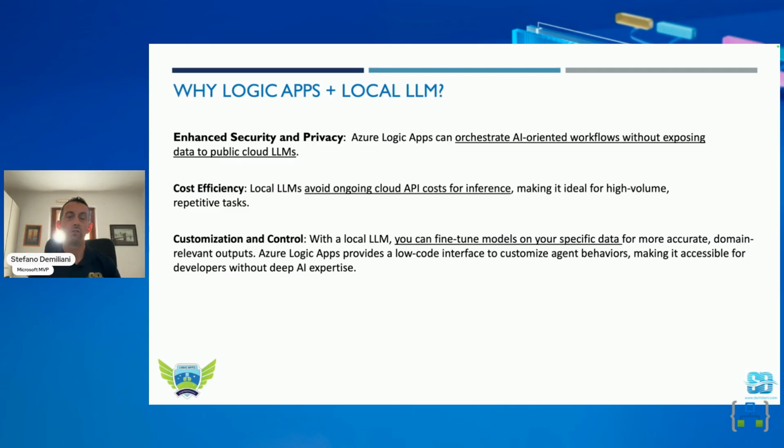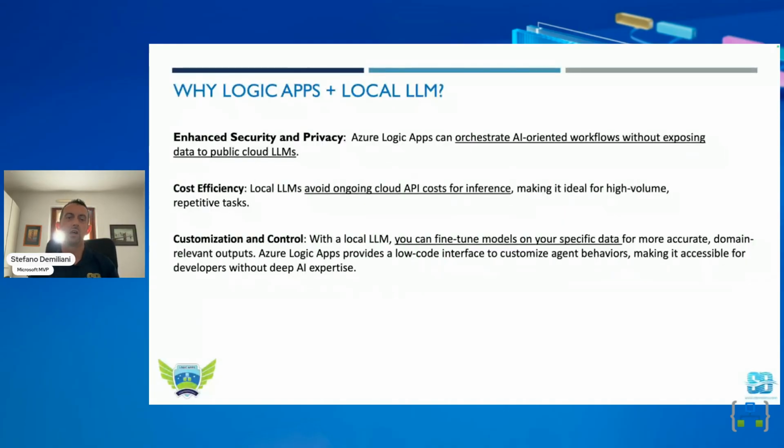The second is cost efficiency. Local LLMs avoid ongoing cloud API costs. So you don't need to pay anything for sending data to LLMs and receiving the response from LLMs. This is ideal for high volume and repetitive tasks.